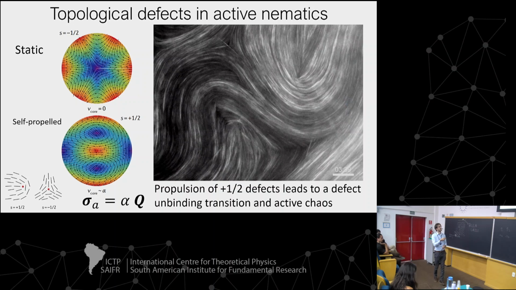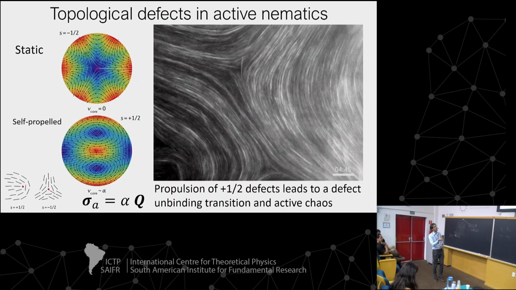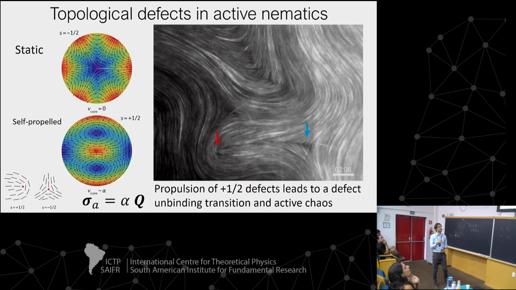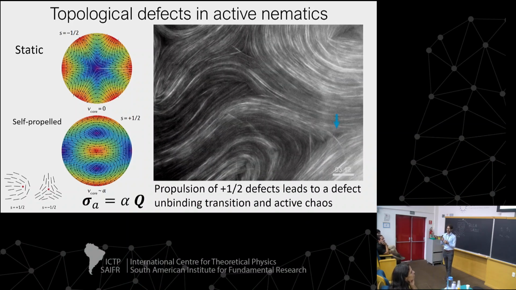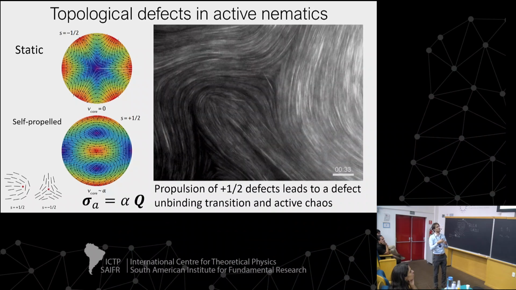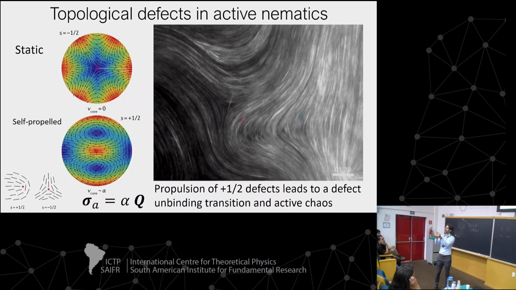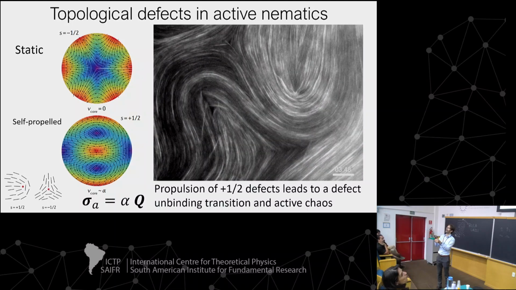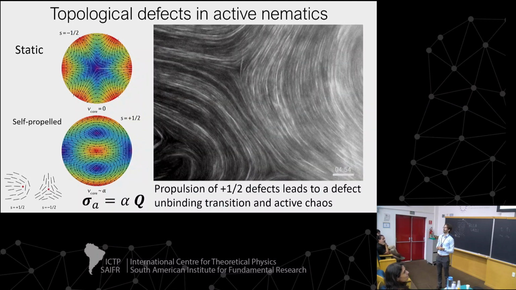Eventually, one can meet another defect with the opposite charge and annihilate against it. I wouldn't say that's activity annihilating it, but it can speed up how long it takes to annihilate, since this plus-half defect is going faster.